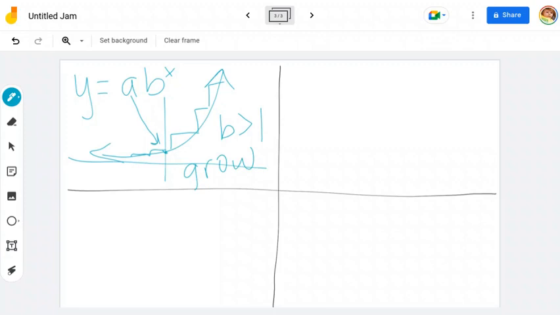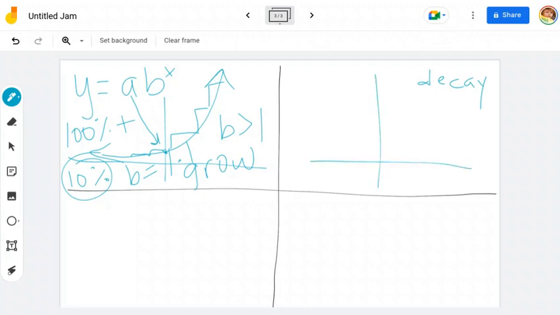If you have like a 10% earning in your savings account, you're going to have 100% plus 10%, which means your growth rate is 110%, or 1.1 for the growth. Okay, you could also be decaying.